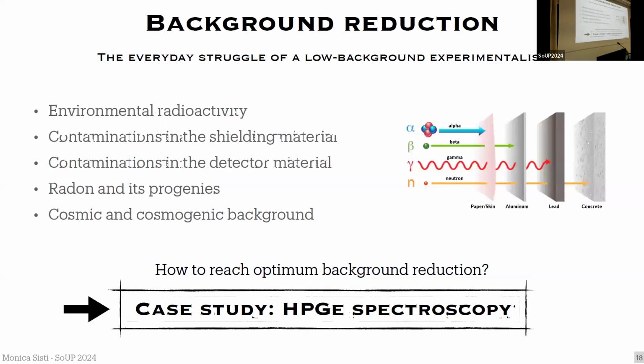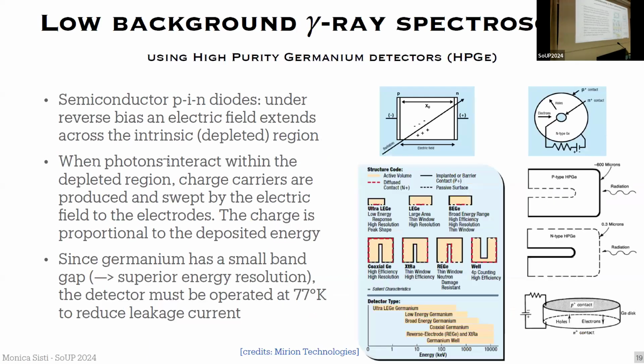I propose you make a case study on a gamma spectroscopy measuring device that is small, so it's easy to shield, but gives you already an idea of what one has to take care of. So here we go quite fast. High purity germanium detectors are the best spectrometers for gamma radiation that we have, because of their small band gap.